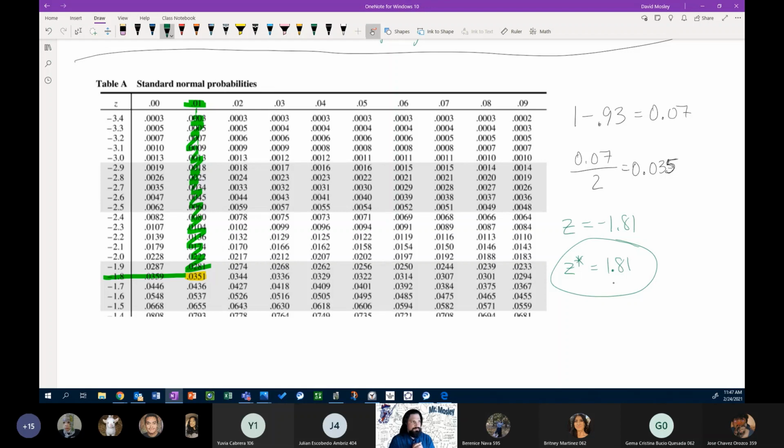Okay. So any questions on this example and the work that goes with it? Anything I can clarify or explain in more detail?